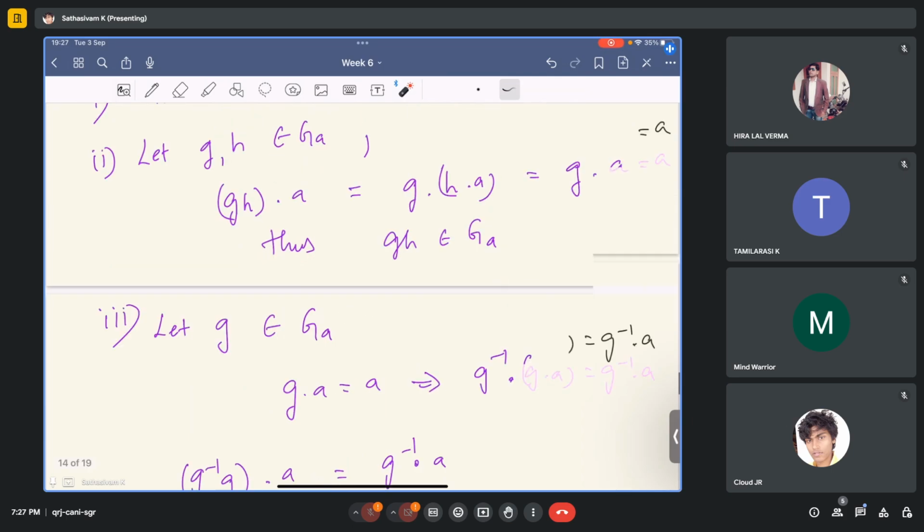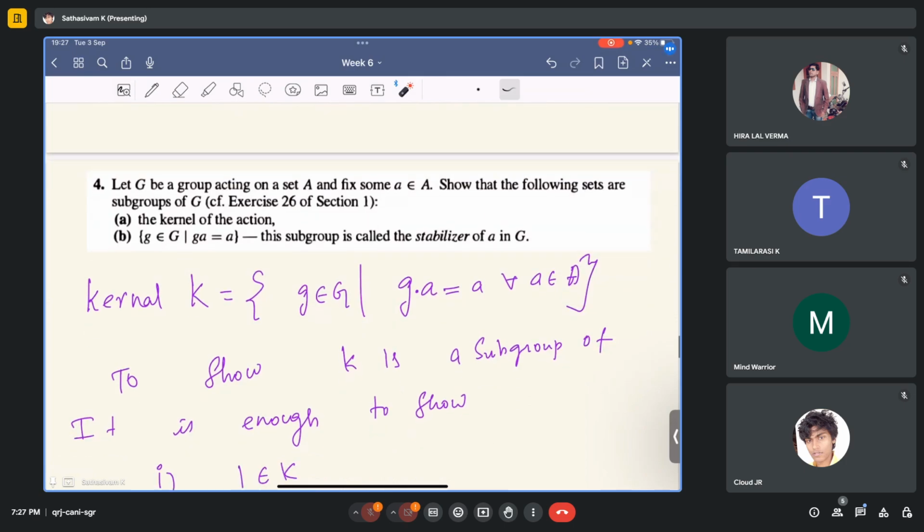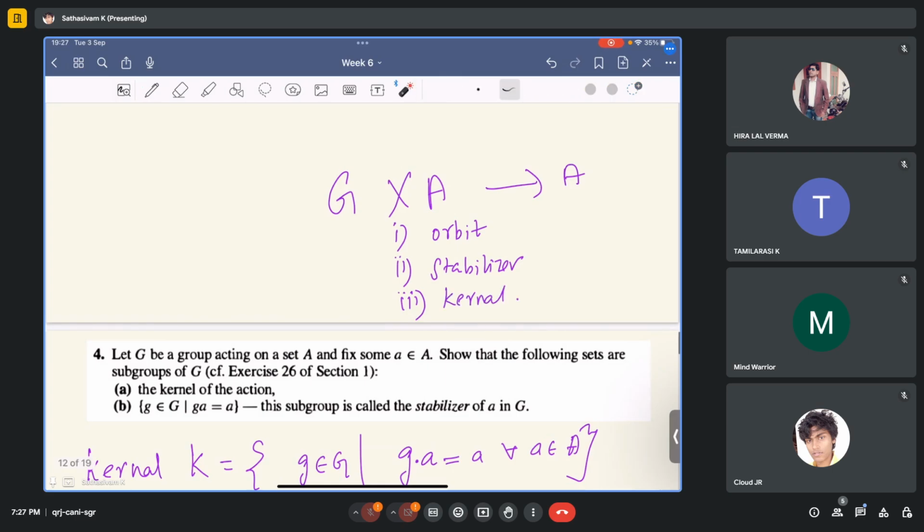Okay, so this is the easy part. Now let's draw something here. See, I have G, A, and G_A here. There are three things we have seen here. One is orbit, another is stabilizer, another is kernel.